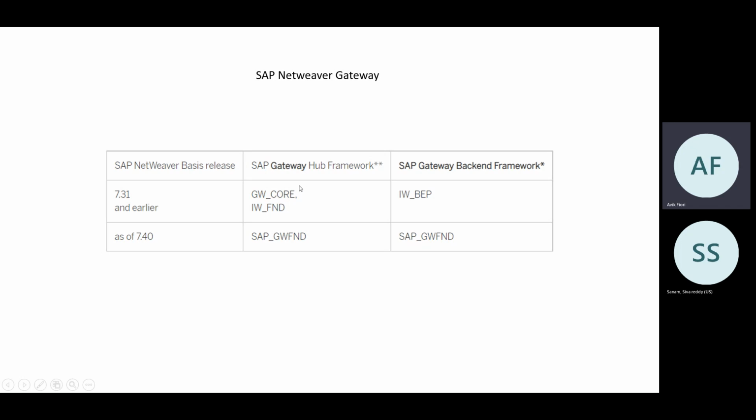These components help you implement OData services on the gateway server side. They also provide a gateway client where you can test your OData services. IW_FND helps you with registration, and provides some runtime components which help with model creation. All those basic things these components provide.